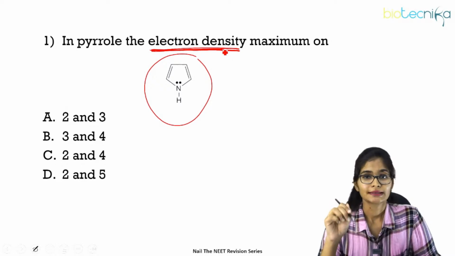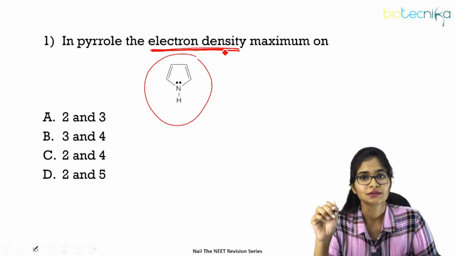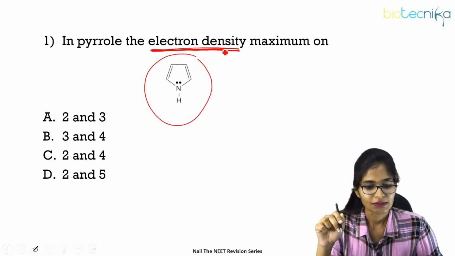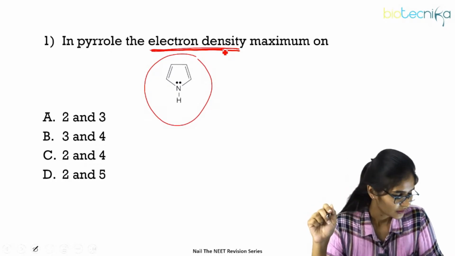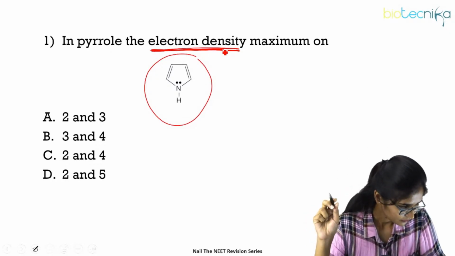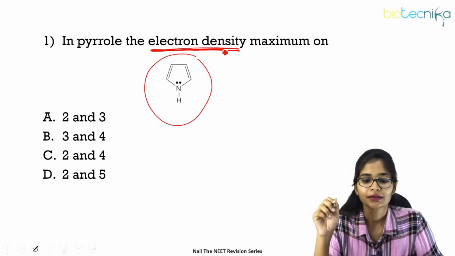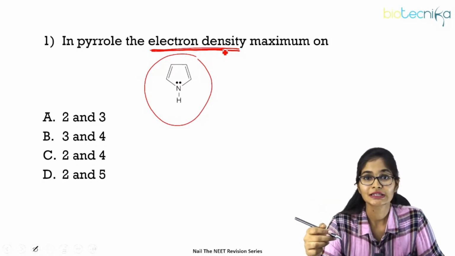If you want to answer this question, then you should know how to write the resonating structures of pyrrole. Then only you can answer me. So just try to do what answer you can give, students. So just let me know. Tell me that in the given pyrrole structure, on what position the electron density will be more.